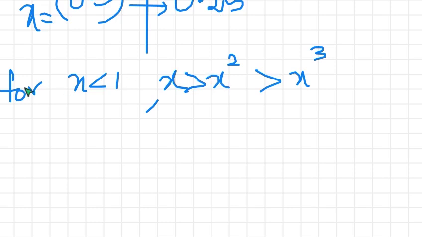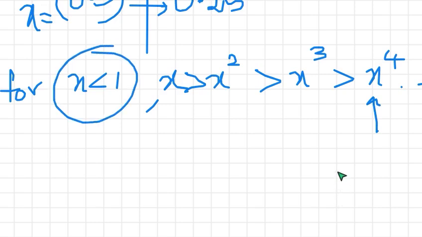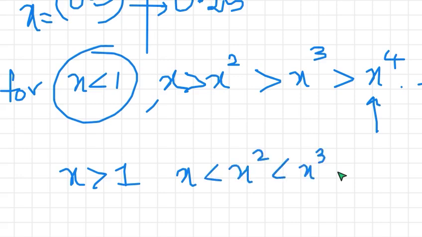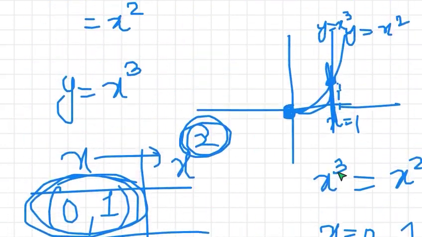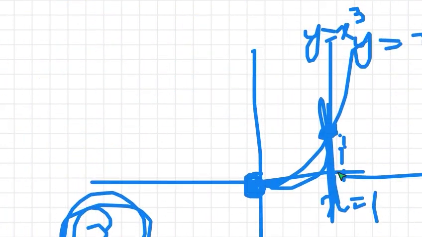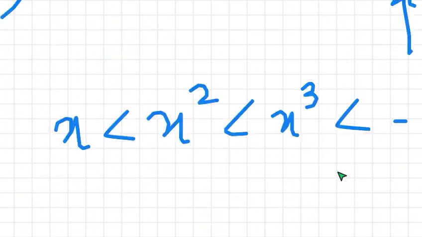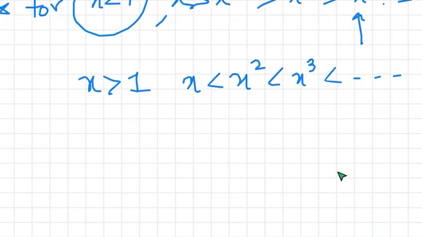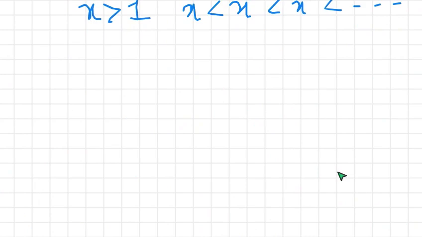Similarly, x power 4 will be inferior, and so on. So this is only when x is less than 1. Obviously, x greater than 1 is the opposite. So between 0 to 1, the graph of higher exponent, the x cube graph, will be a bit below. So the smaller exponent dominates. That is the nature. These are important points.